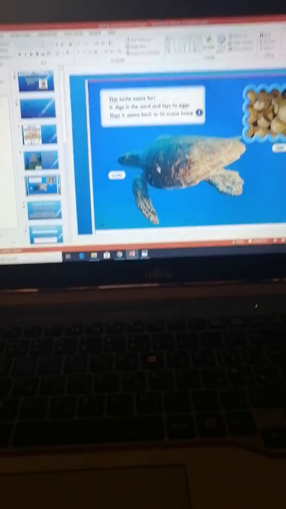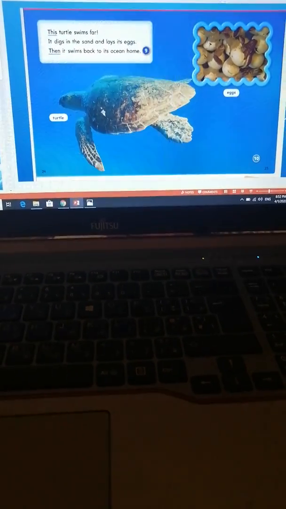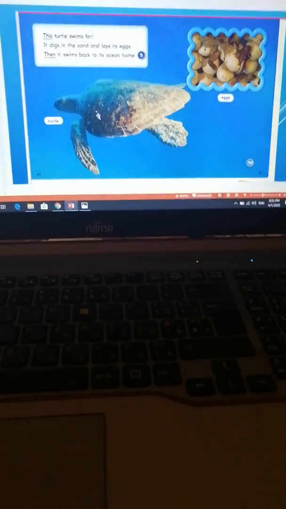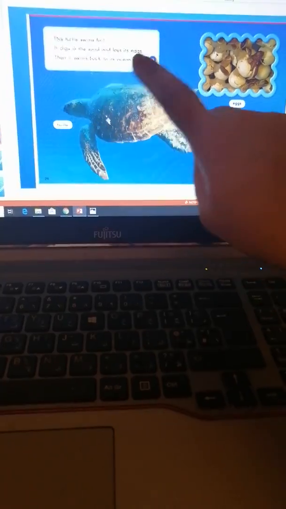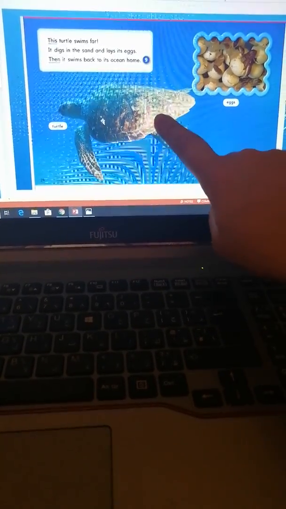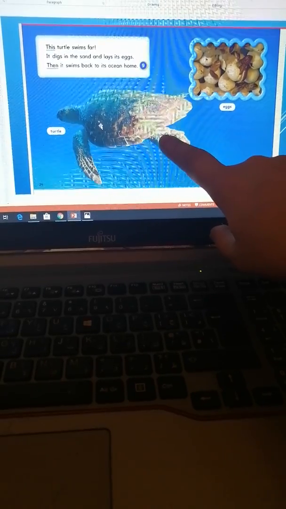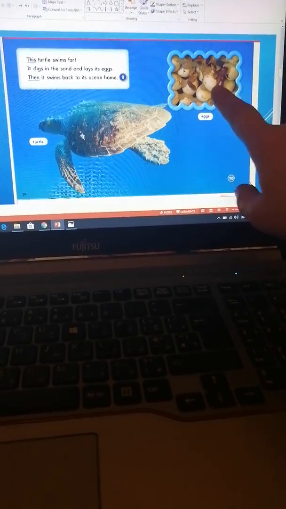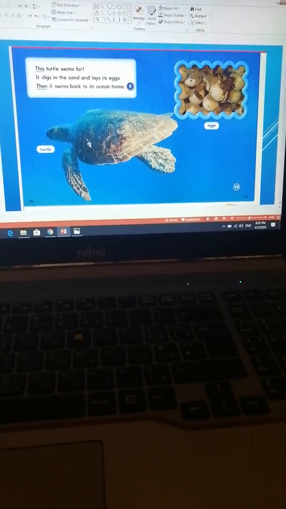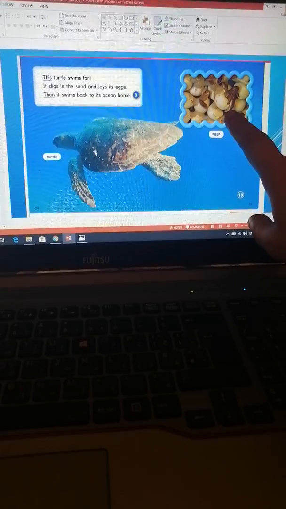So, how many facts now do I know about the turtle? I know that the turtle uses its flippers to swim. The turtle can swim for long distances and far. The turtle goes to dig into the sand and lay eggs. How many eggs at one time?